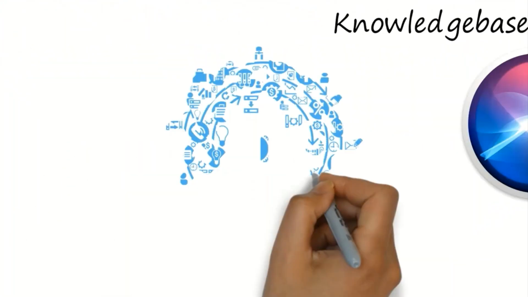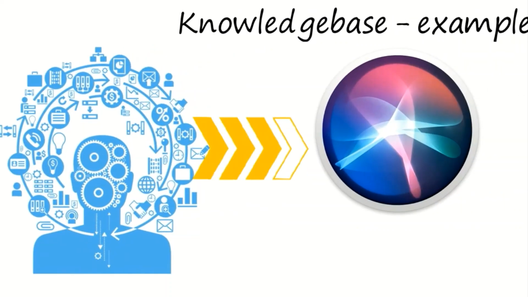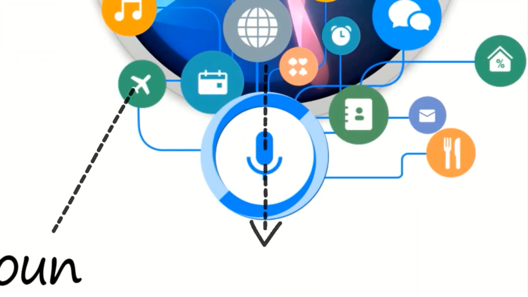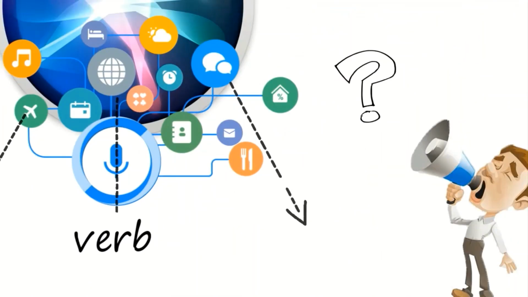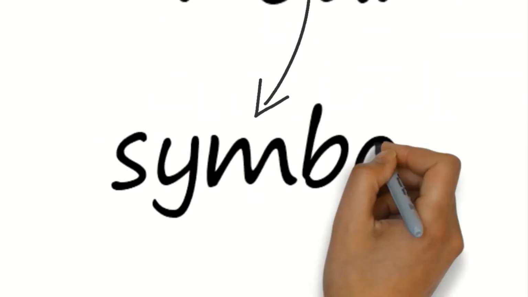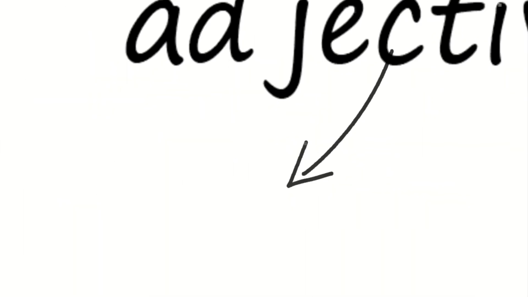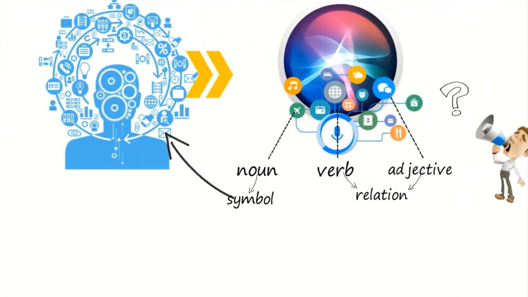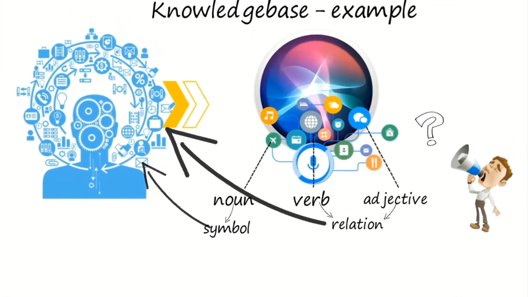Siri maintains a huge knowledge base of symbols. So when we ask her a question, she recognizes the nouns, verbs, and adjectives, turns the nouns into symbols, verbs and adjectives into relations, and then looks for them in the knowledge base.